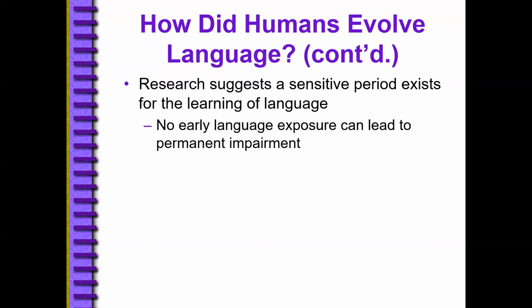And when they found her and tried to help her and got her away from her parents, her father especially was very abusive. But some psychologists were also interested in doing research to see, can she develop language? She was 12 years old when they found her.